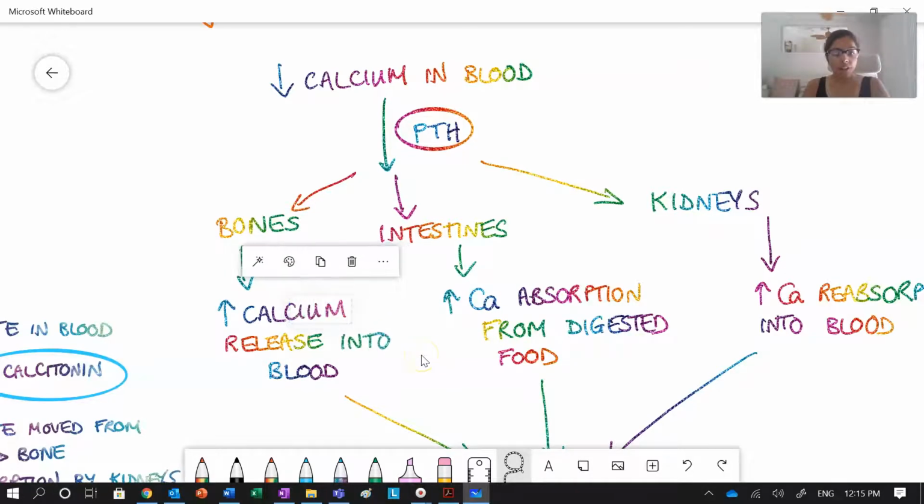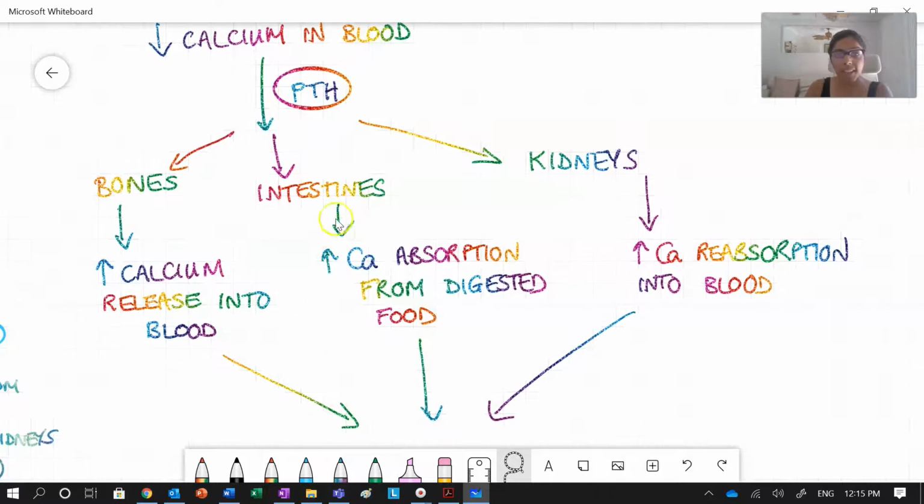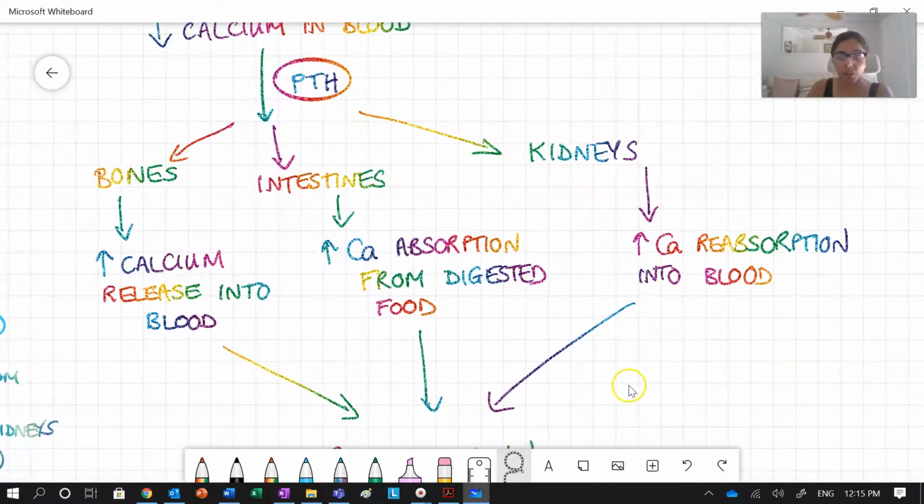The other thing that PTH does is it will stimulate calcium absorption from the food that we eat that is digested in the gut, so in the small intestine mostly. And finally, the kidneys will be encouraged to reabsorb more calcium into the blood, which means less is excreted in urine. So this is just the opposite of calcitonin.